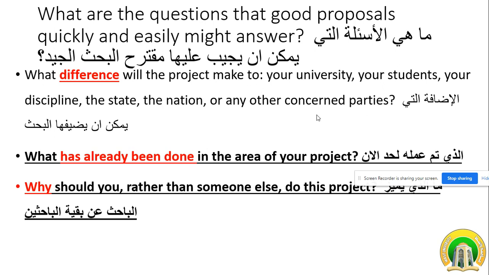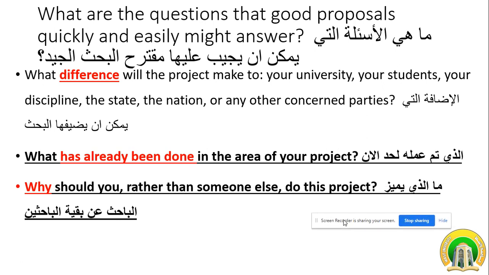And the other question that you need to have an answer to is why should you rather than someone else do this? You need to show the things that you are strong in, softwares, workshops, courses that you took. So these are the things that you have to make them ready.